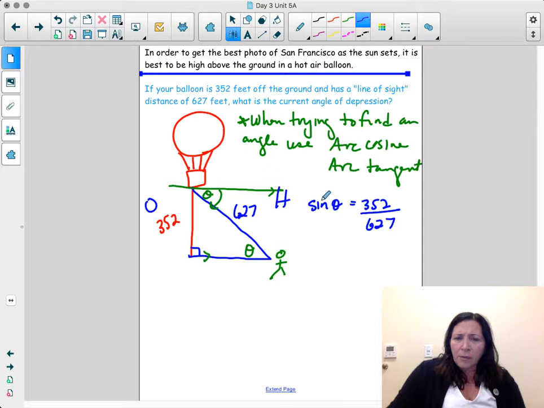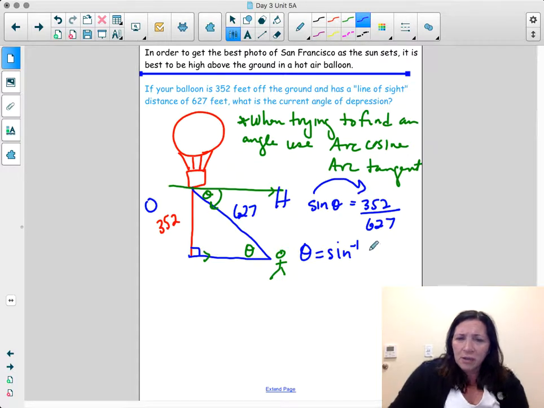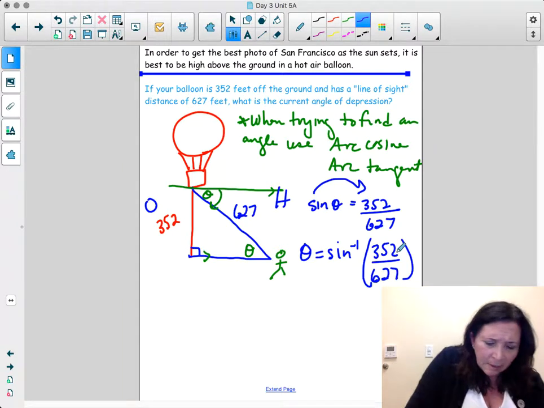And remember, I'm trying to find the angle, that angle of elevation. So we're going to go theta equals arc sine. Remember, this has to go over to the other side. So arc sine of whatever 352 divided by 627 is. So go to your trig functions.